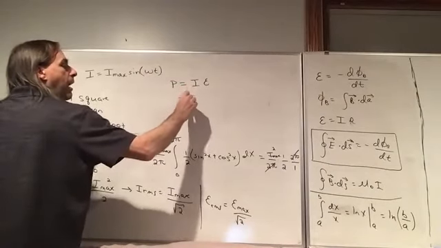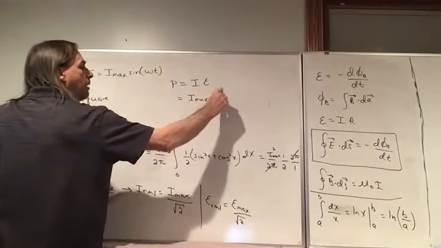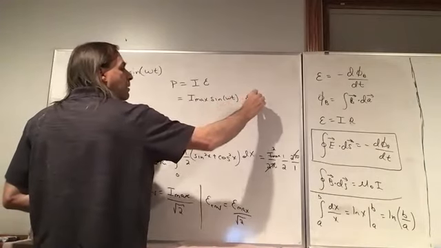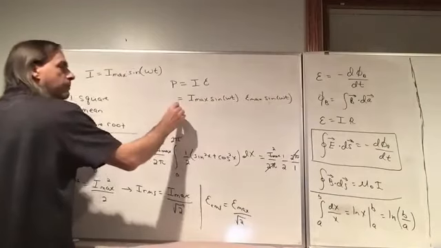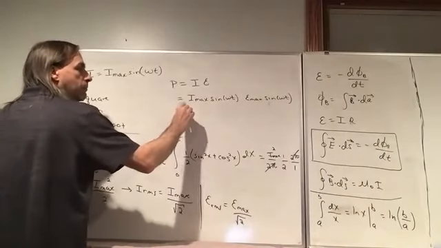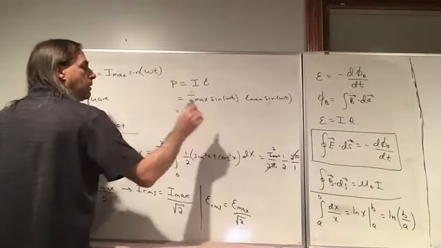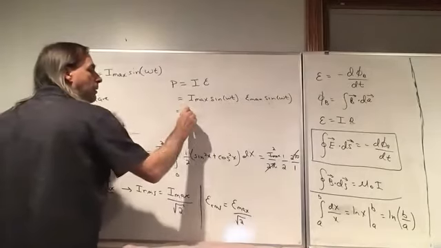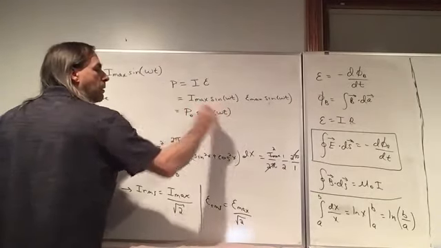So here we have I max sine omega t times E max sine omega t. Let's call that P naught sine squared omega t.